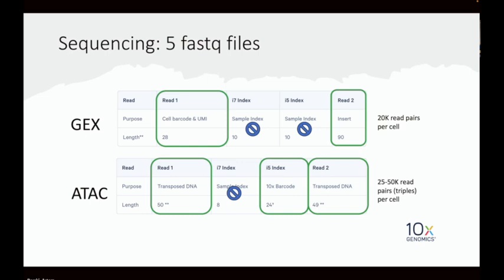These libraries, GX refers to gene expression, are sequenced. For gene expression we need two FASTQ files, read 1, which contains the cell barcode and UMI, and read 2, which contains the actual fragment of the RNA, and this lists how long these should be. For ATAC, we need read 1, read 2, and one of the indices, which would be the index for a given cell.